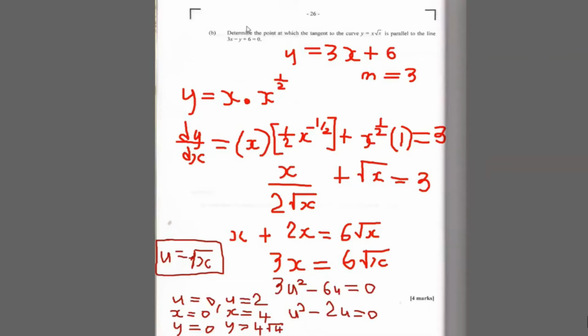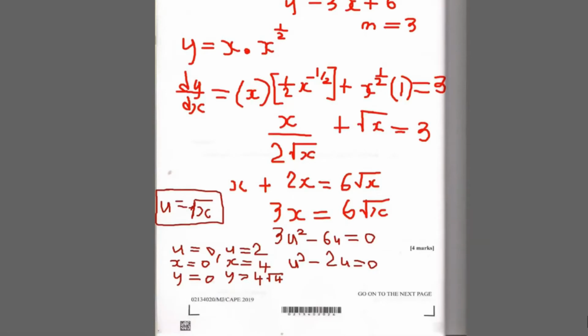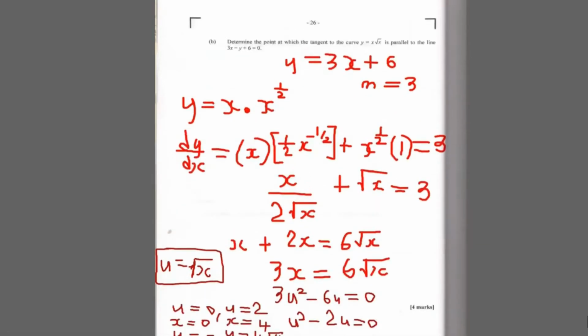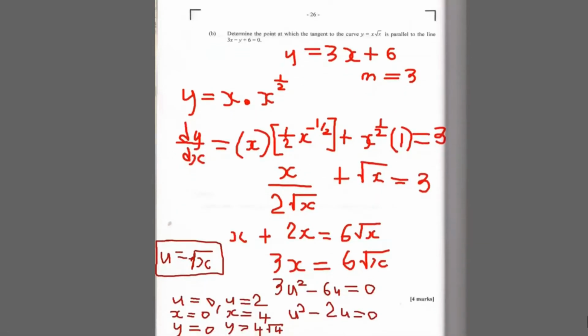All right. So that is it. So the tangent to the curve at these 2 points are parallel to the line. So the tangent at these points are parallel to the line.